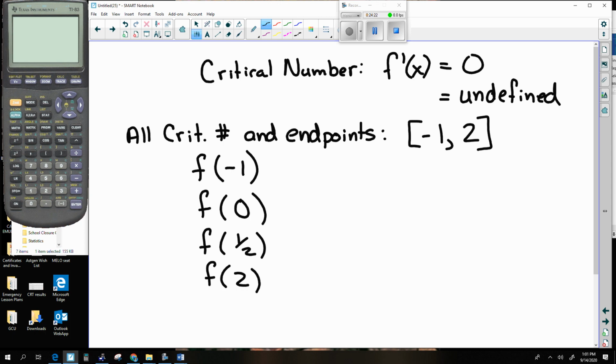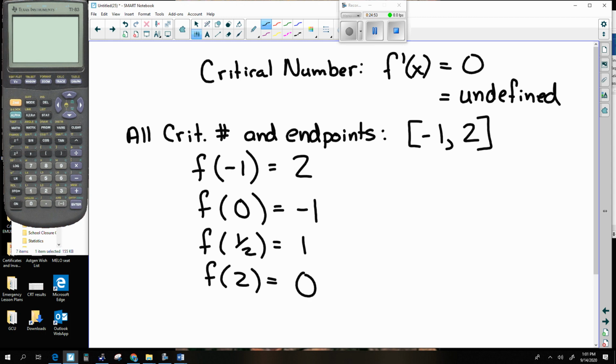So you test all critical numbers as well as the endpoints. You put them back into the original function, not the derivative, and you get various answers. Like I could get the answers 2 and -1 and 1 and 0.